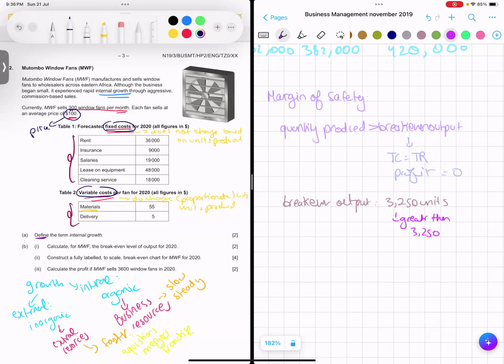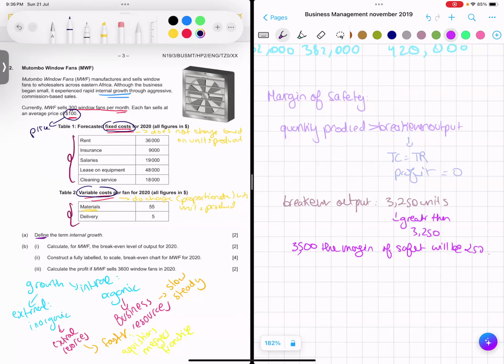So basically at 3,500, the margin of safety will be 250. Okay, so I'm just going to put this here, 250.